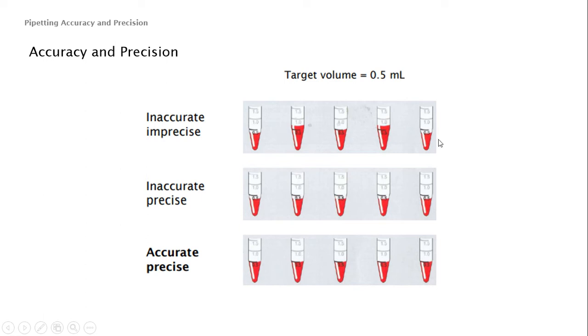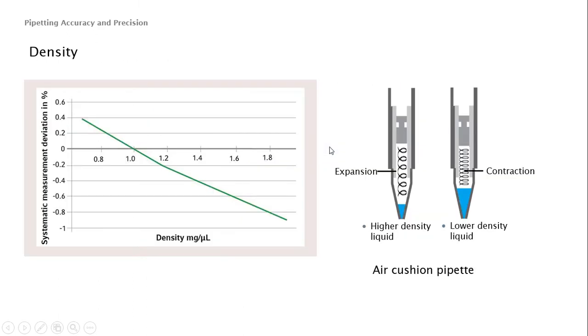You can say that this one is accurate by getting the mean value. But if you look at the measurements 0.55 and 0.45, you can say that this one is scattered, or imprecise as a whole.